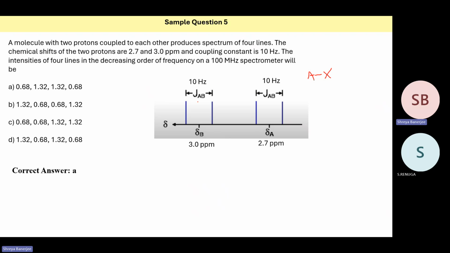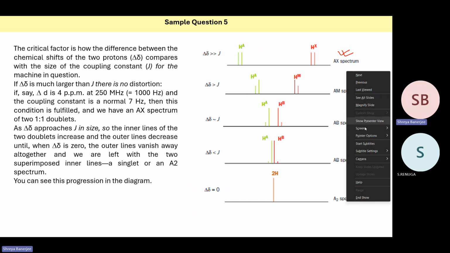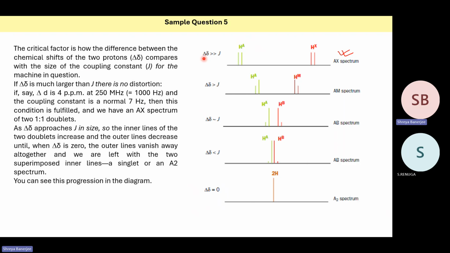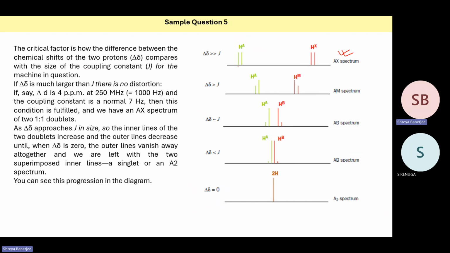So here I will introduce a new concept that has not been discussed so far. Basically, this is your ideal case of AX spectra, which we have studied, where delta delta is this distance.